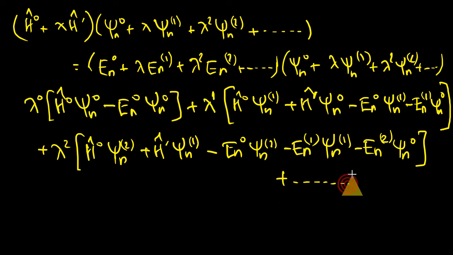Plus etc., that is equal to 0. Why is it 0? Because all the terms in the right hand side are taken to the left hand side, so this is equal to 0. We need not give an equal sign here.